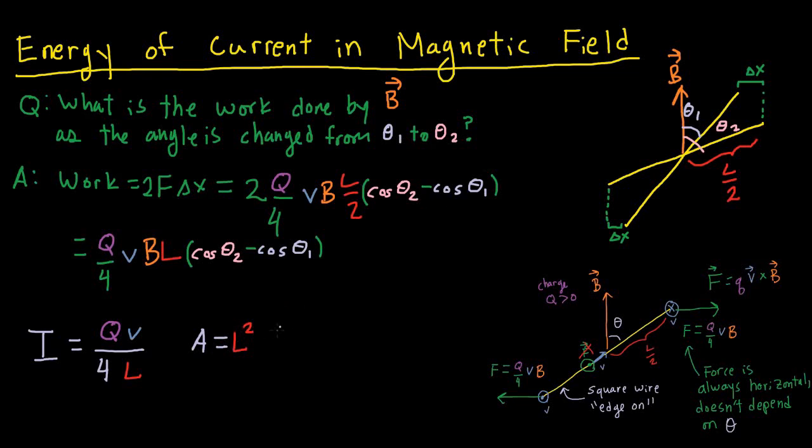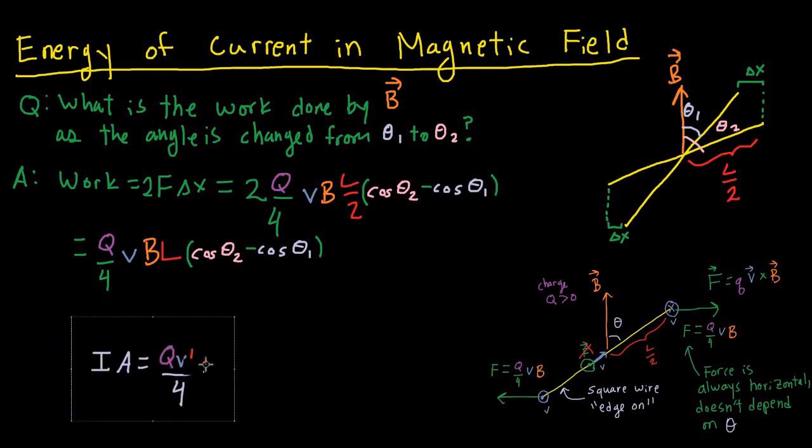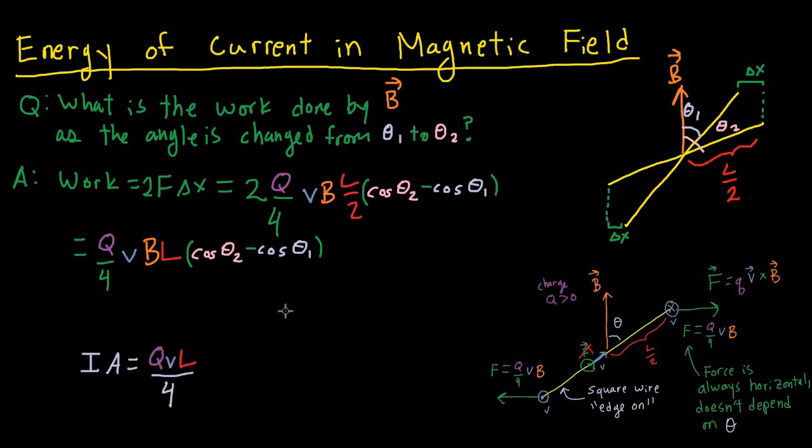So we have that, once again, I times A equals Q V L over 4. So, okay, actually let me just even get rid of this. So I times A equals QVL over 4.